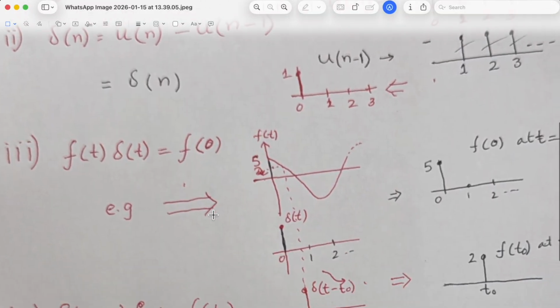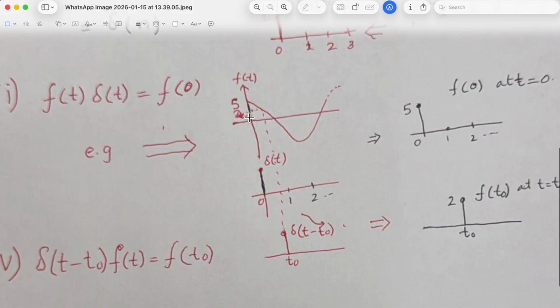Suppose we have a function f of t, a cosine function, starting from that particular point at 0, with an amplitude of 5, and that is the cosine wave, and that is the time axis. Similarly, you have a unit impulse signal. You know that the unit impulse signal is always equal to 1 at t equals 0.